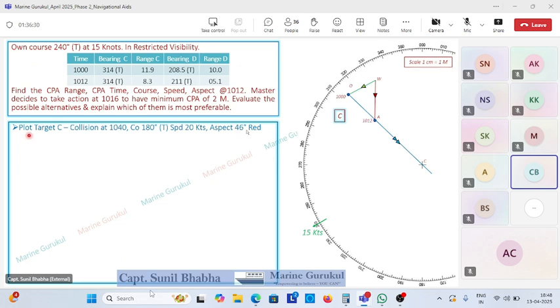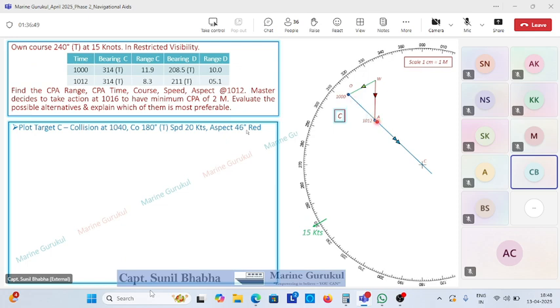So the information we obtain from plotting is that target Charlie is on a collision course. We can also find out the time. The time can be found by measuring distance Alpha to Charlie divided by Oscar to Alpha multiplied by 12.